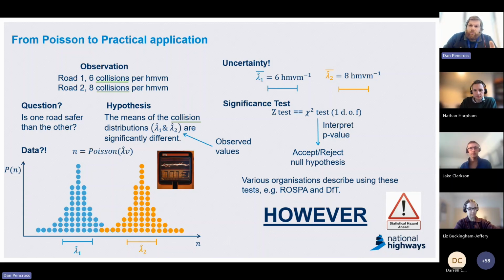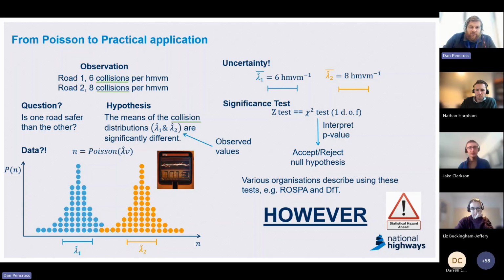So instead of waiting for the natural data generation process, we want to construct a bootstrap distribution. We use the Poisson distribution to do this. Using the observed collision rate and the number of vehicle miles driven on each road, we generate almost like parallel universes of our year's worth of data.